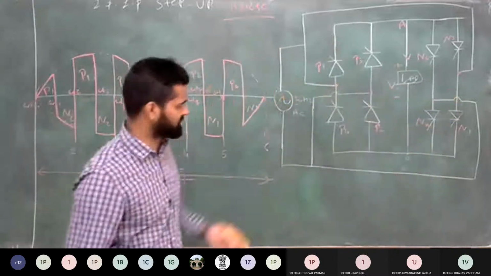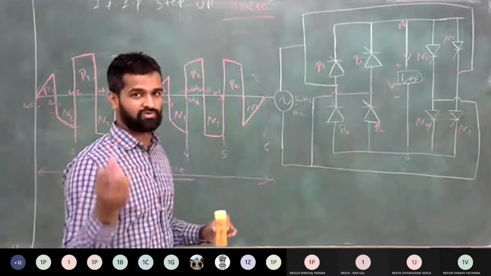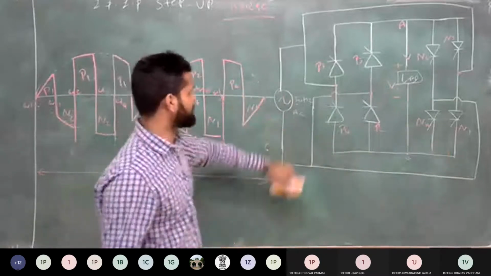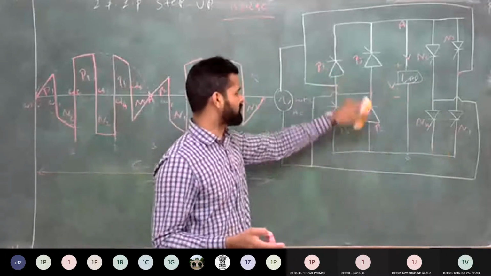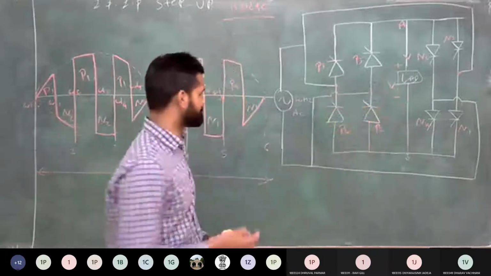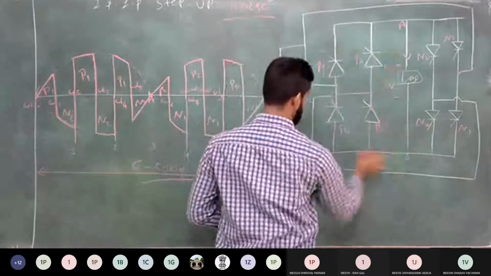So what is the difference here? In the midpoint type, we use only 4 thyristors, 2 for the positive group and 2 for the negative group. But in the bridge configuration, we require a total of 8 thyristors. Out of those, 4 thyristors P1, P2, P3, P4 are for the positive group, which gives a positive output voltage.